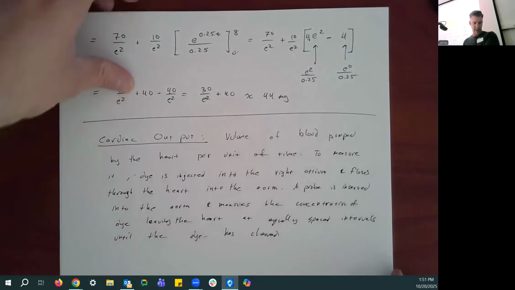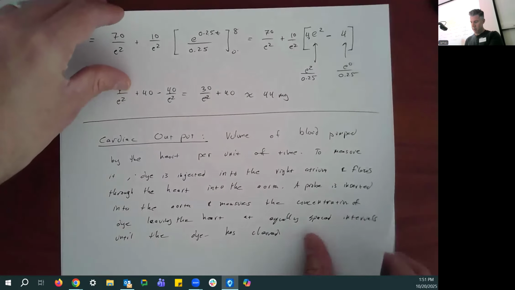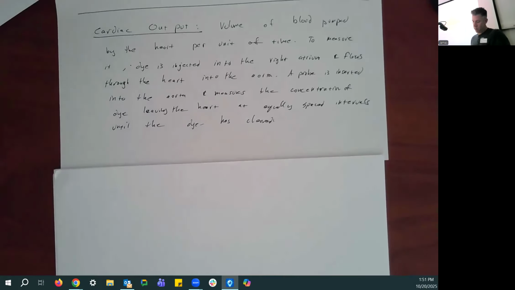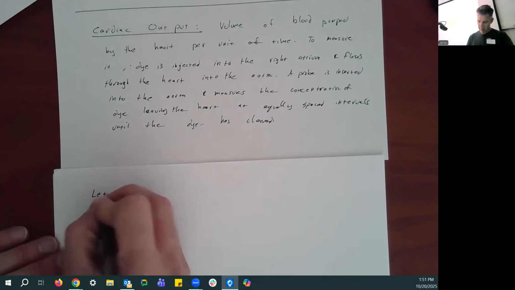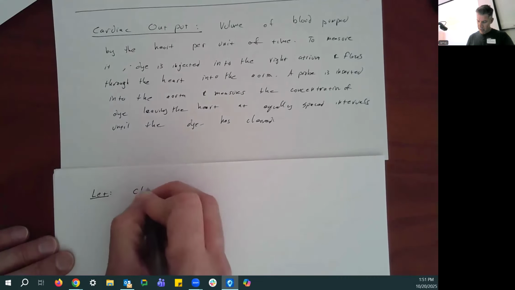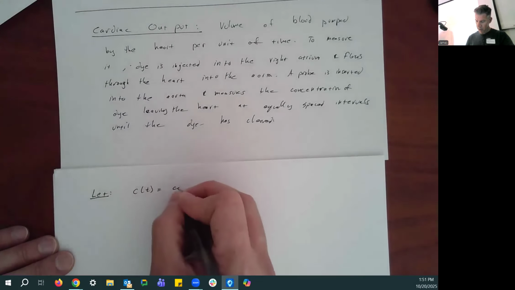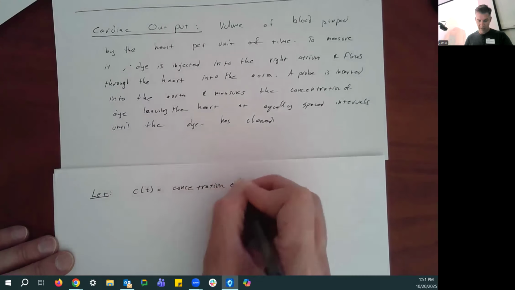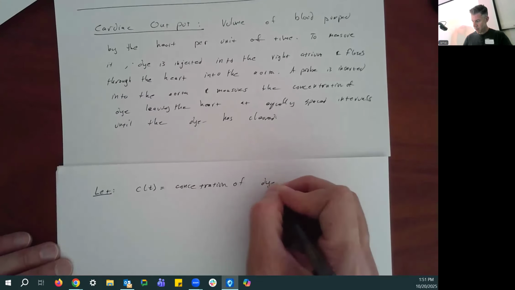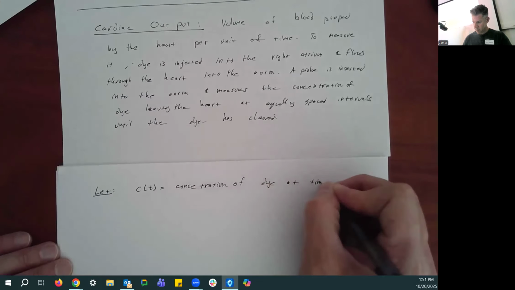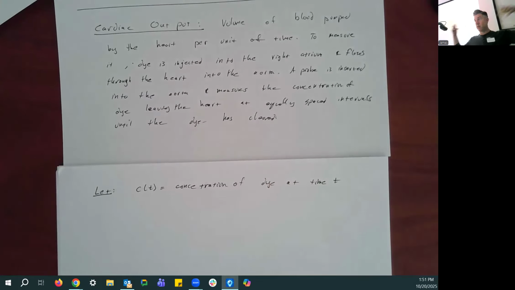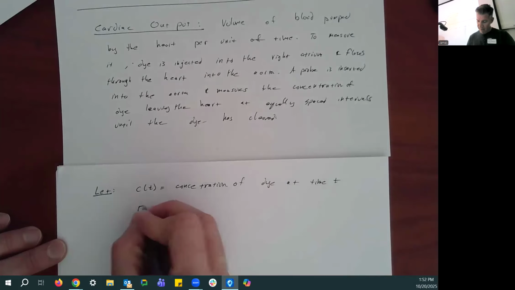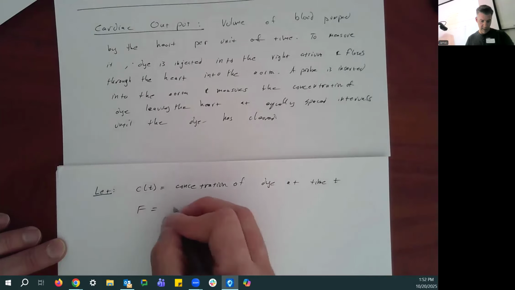Here's how we calculate things. So here's what we're going to say. We're going to let C of t equal the concentration of the dye at time t. And it's going to change, right? Because the dye is leaving the body, probably decreasing. F is going to equal the flow rate of the blood.